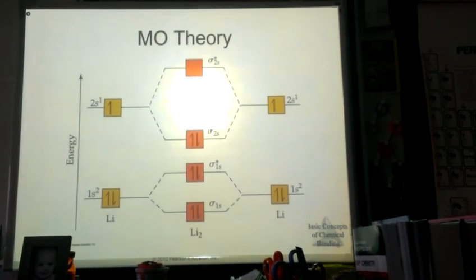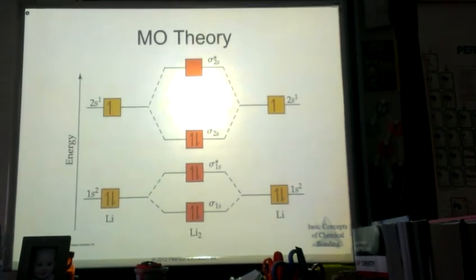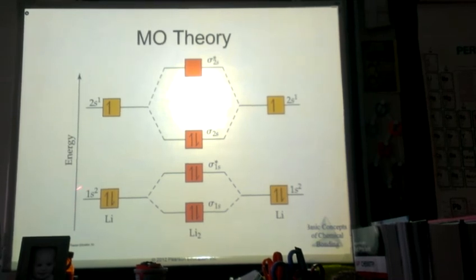If we looked at lithium, we just said atomic orbitals combine most effectively with others of similar energy. So for example, lithium has a 1s2 that's full, and then it also has the 2s1. So I have 1s2 and then 2s1. I'm going to separate them out. I think about the energy that's just based on the MO for the 1s orbital.